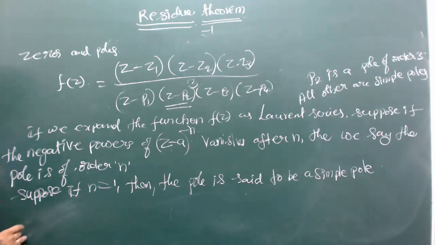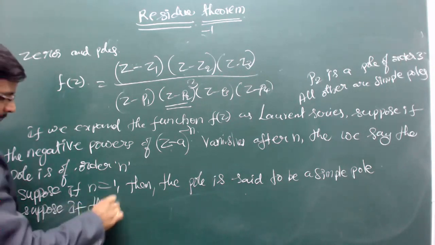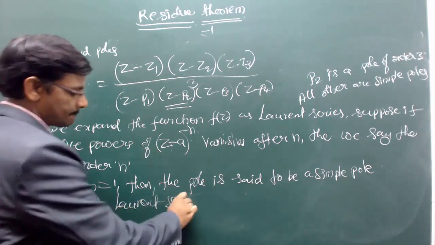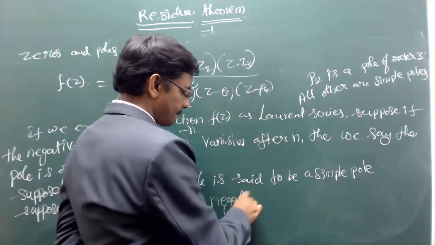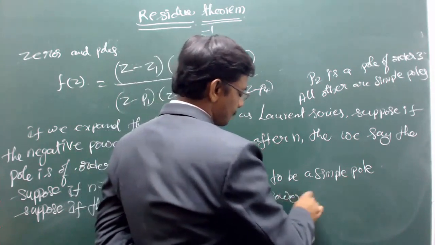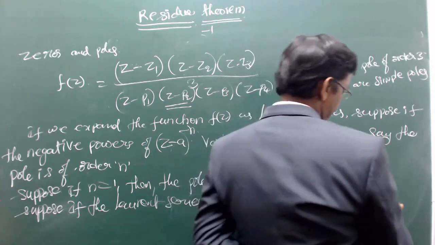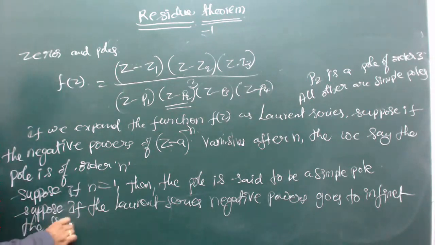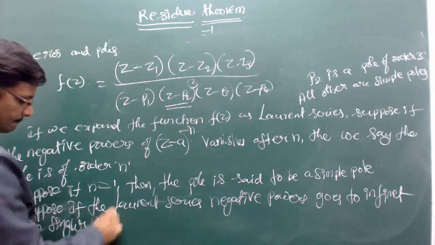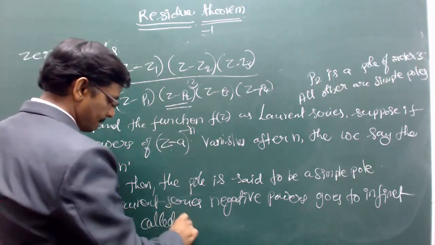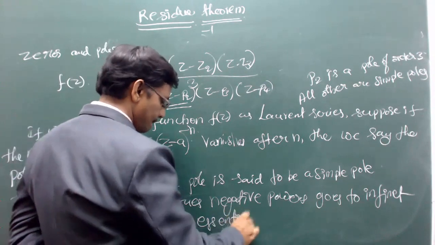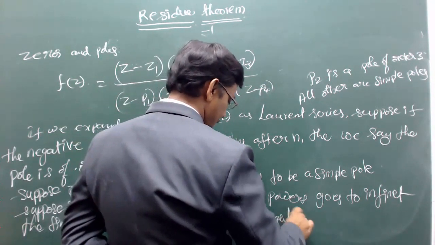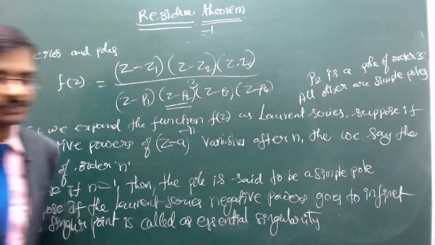Suppose the Laurent series does not vanish, and the negative powers go to infinity, then the singular point is called an essential singularity.